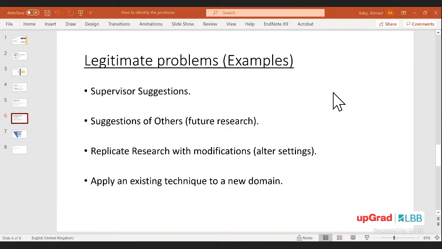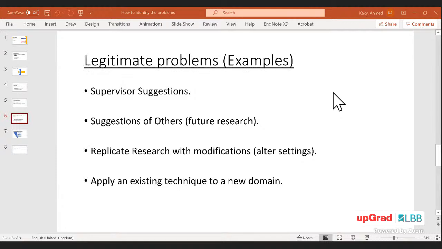This could usually be found in, let's say, master thesis, PhD thesis, and many other research papers. Usually, researchers will define many opportunities for future work. Then you could build on these suggestions and figure out where the problem is.